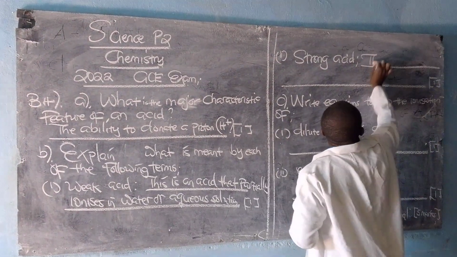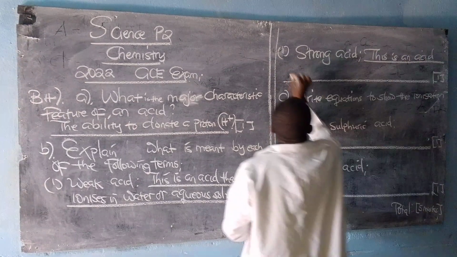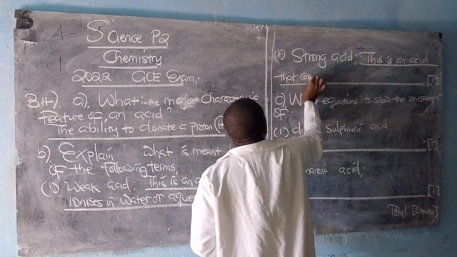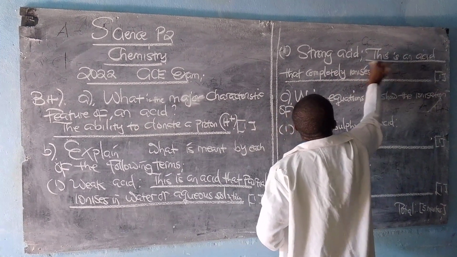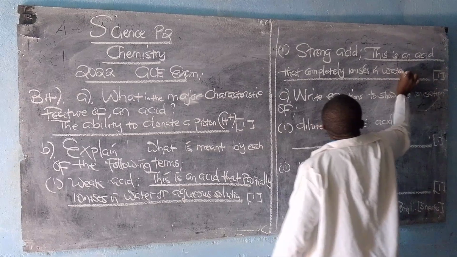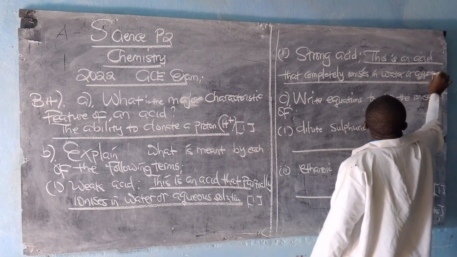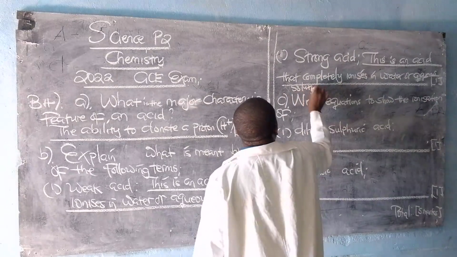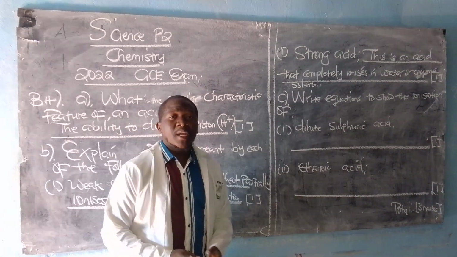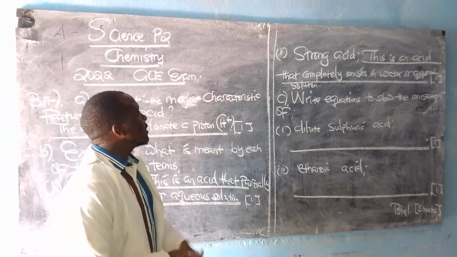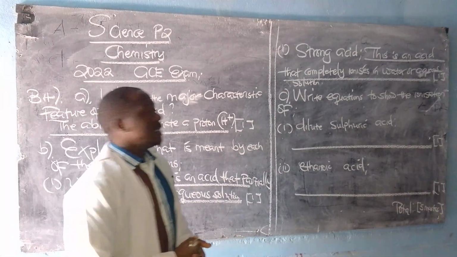So I'm going to say this is an acid that completely ionizes in water or aqueous solution. A good example can be dilute hydrochloric acid or dilute sulfuric acid. This is an acid that completely ionizes in water or aqueous solution.